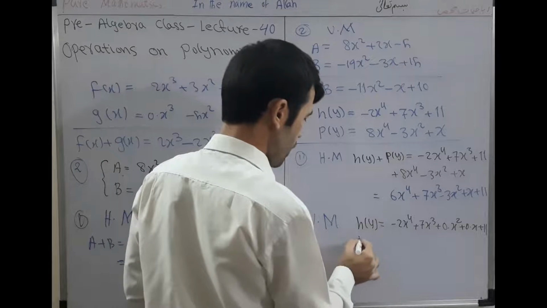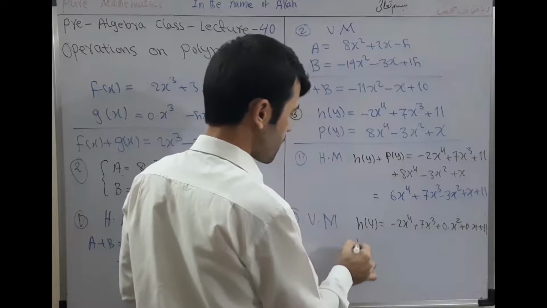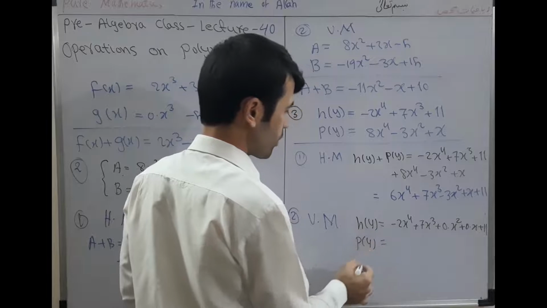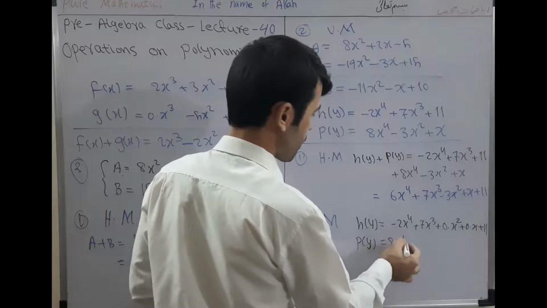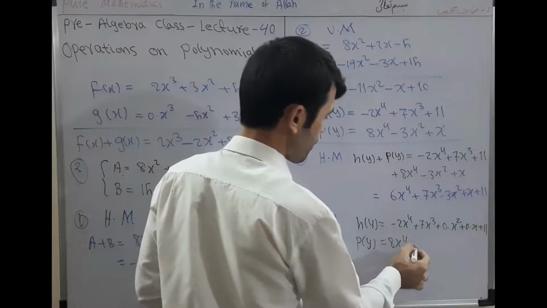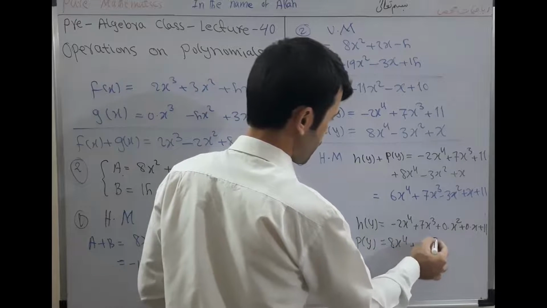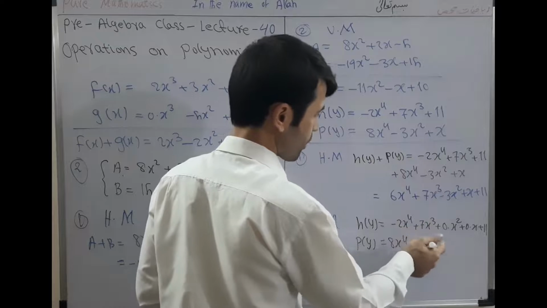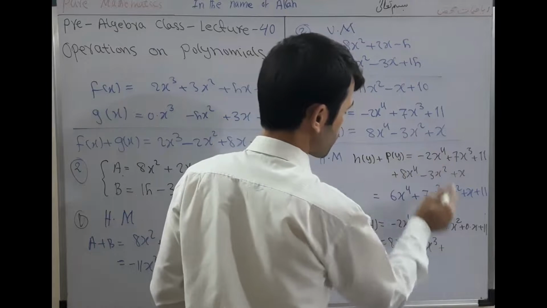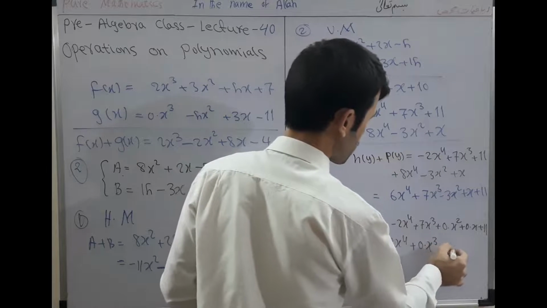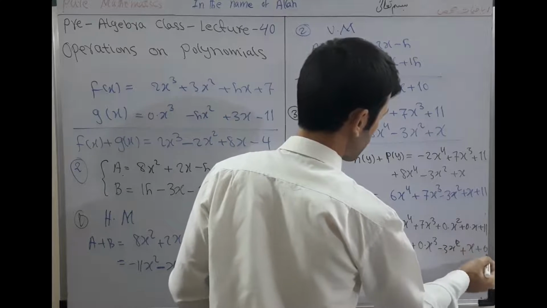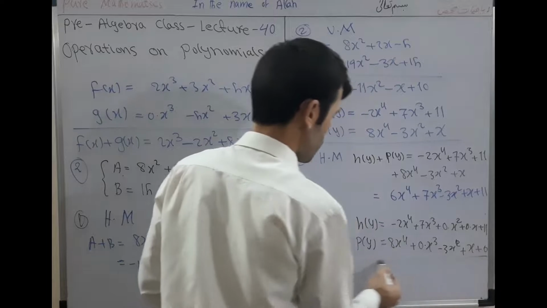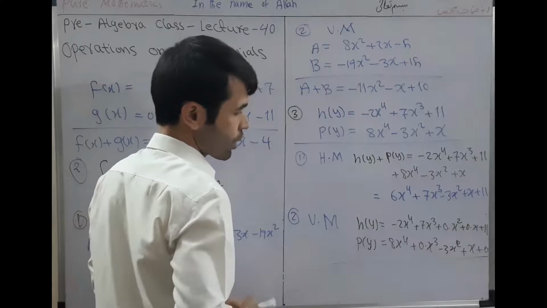Next one, p of y is equal to 8x to the power 4 plus 0 into x to the power 3. We don't have x to the power 3, so here minus 3x to the power 2 plus x plus 0. We don't have a constant term, so we can write 0.